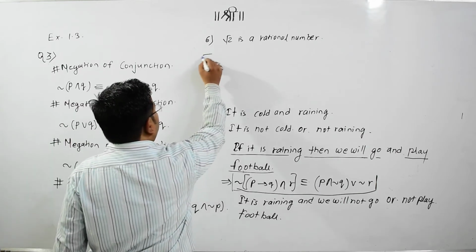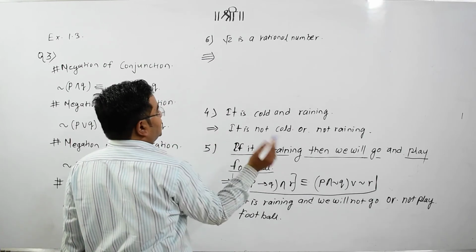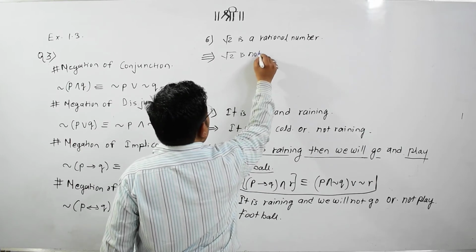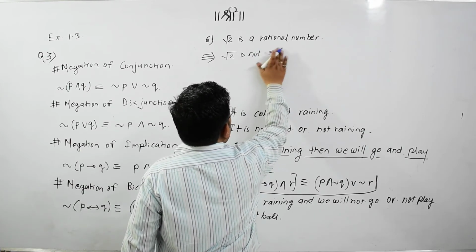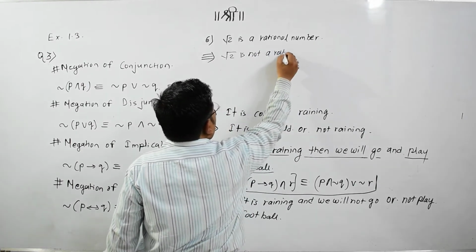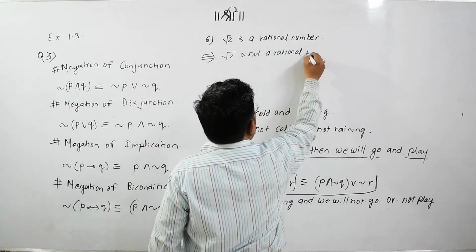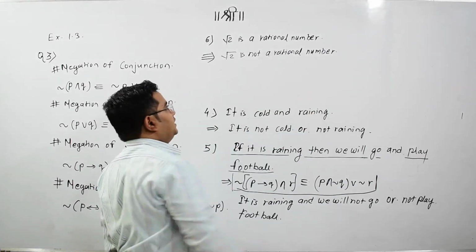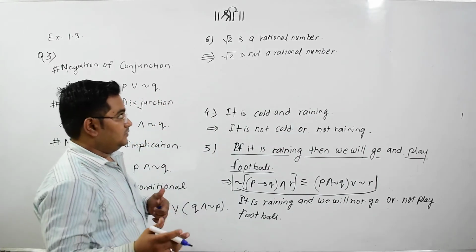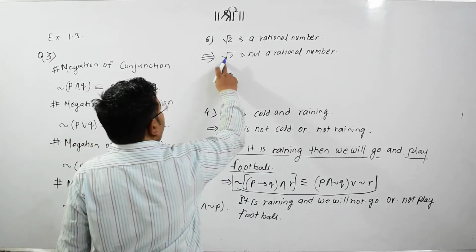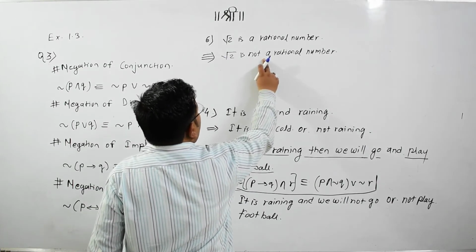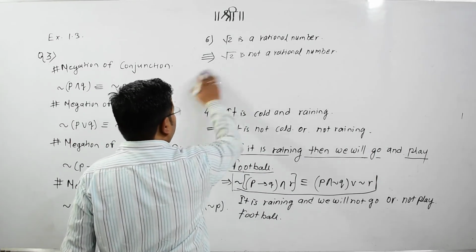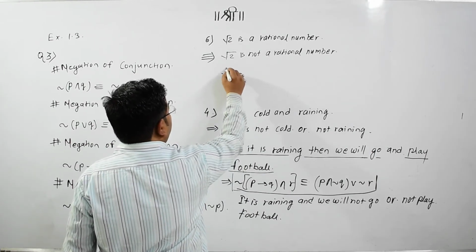It can be anything, but it's not a rational number. That's it. Don't write it like this. If initially I told you that under root 2 is an irrational number, this statement is false, which is not correct. You will get 0 for that statement if you write it like this.